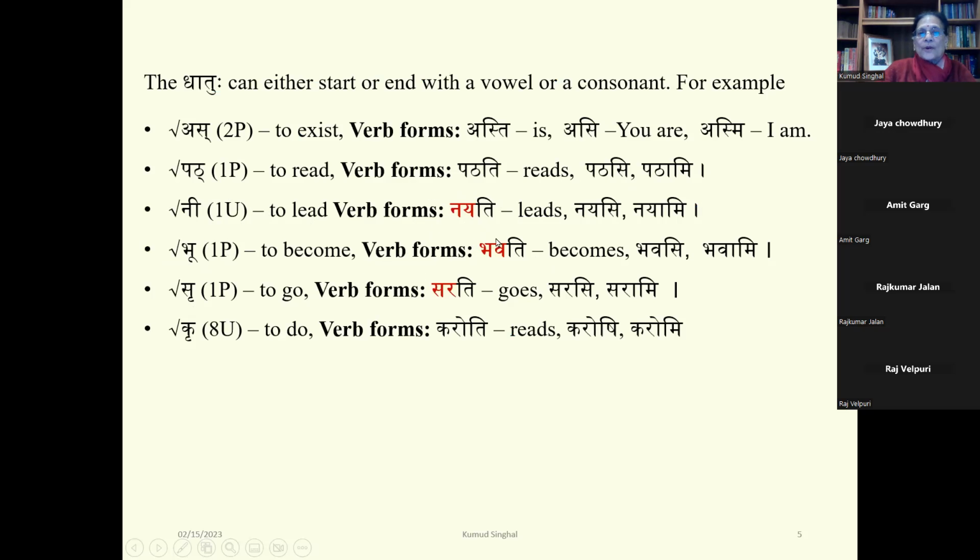We're going to talk about that. Sr is a 1P, it becomes sarati. These are special: a vowel sandhi happens, and that's why ni becomes naya, bhu becomes bhava, and sr becomes sara. Then the dhatu kr, to do, is from the 8th group: karoti, karoshi, karomi.